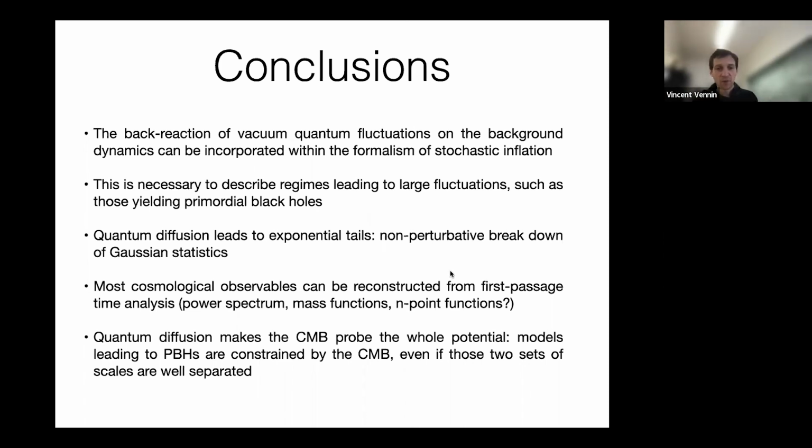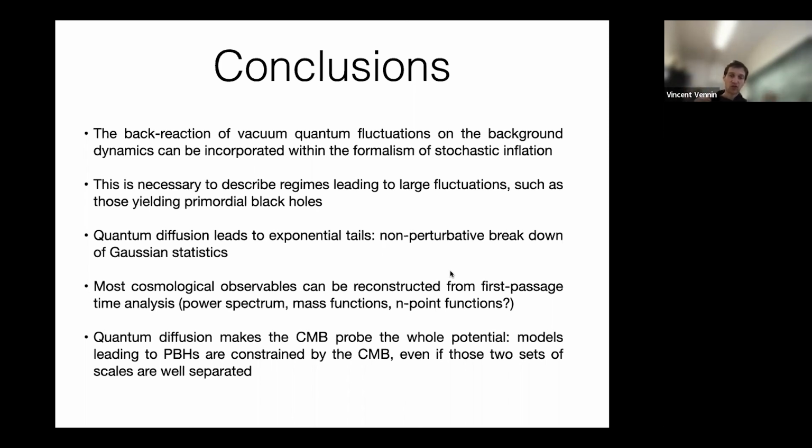And finally, another point that I've made is that quantum diffusion makes the CMB probe the whole potential in principle, such that models leading to primordial black holes, which contain a phase dominated by quantum diffusion at the end of inflation, in fact, are already constrained by the CMB, even if the two sets of scales are well separated.